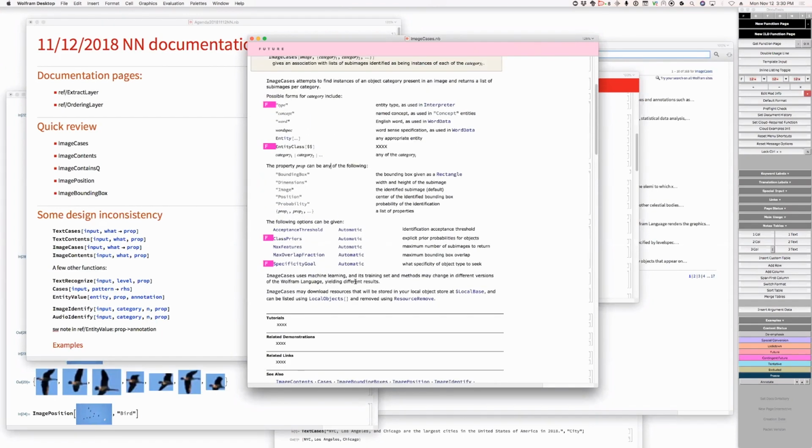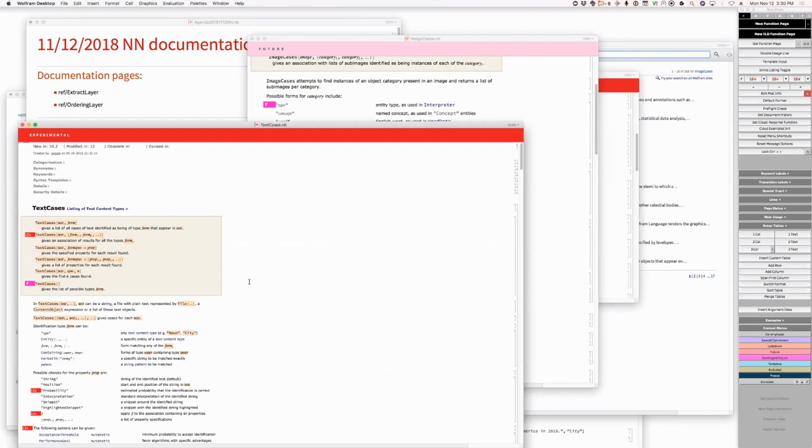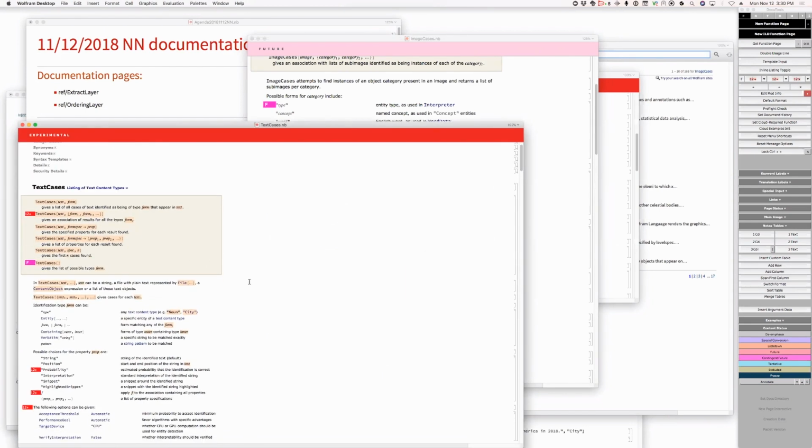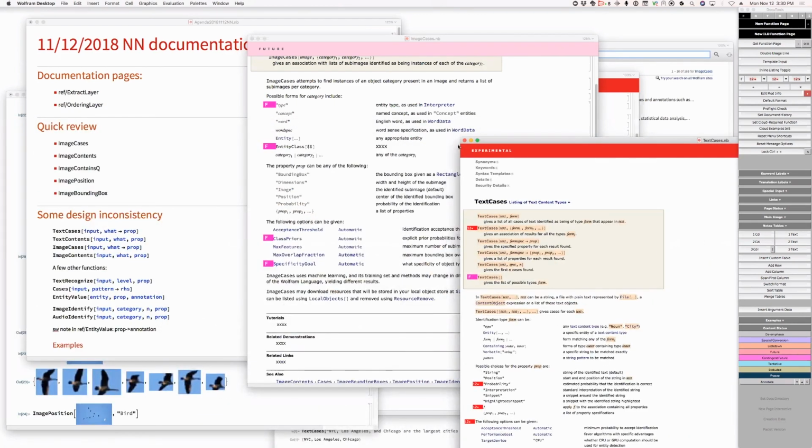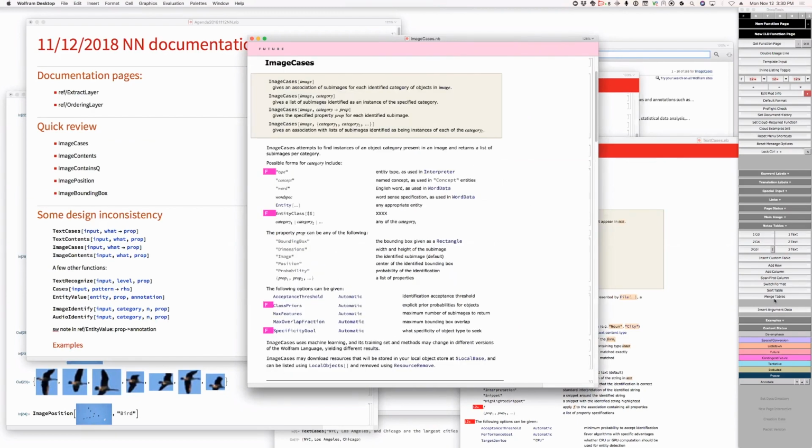One thing I would like to add to this is to support a function in the list of property to do the same as what text cases is doing. I don't know how I missed that, but I think it's very useful. What does text cases do? Basically, when you have this prop, you can use a function f, apply f to the association containing all properties. I think this also answers my issues about formatting the result.